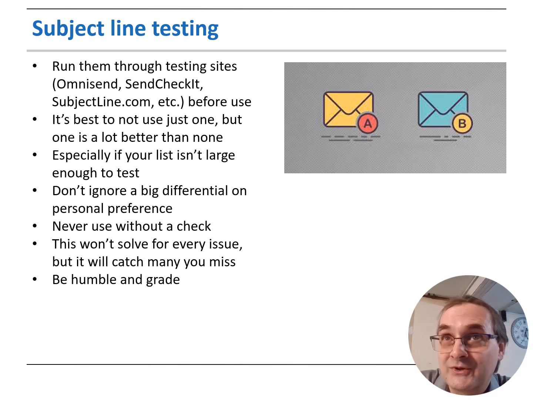This is super important, especially if your list is small and you are not doing a lot of subject line testing. The idea that you're just going to write one because your brain is so large and you know your audience so well and they care about your material so much is marketing malpractice. Run them through a subject line tester.